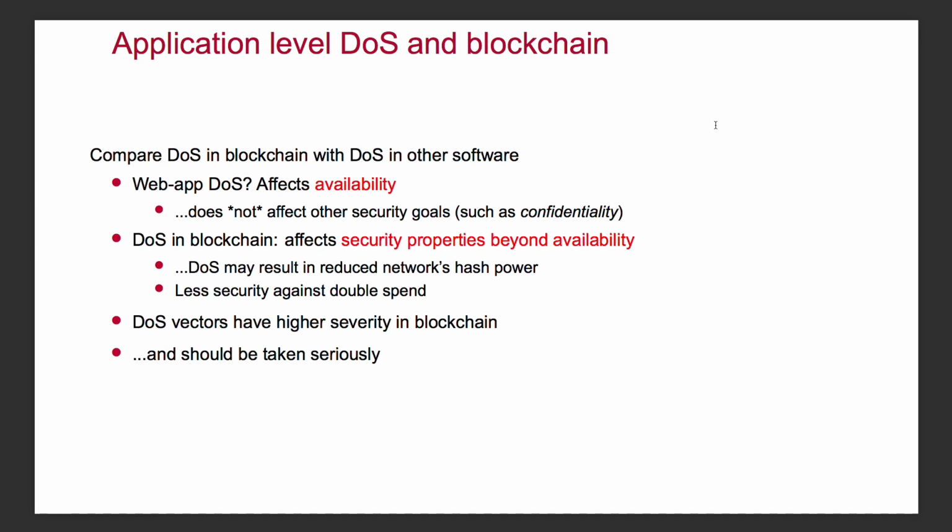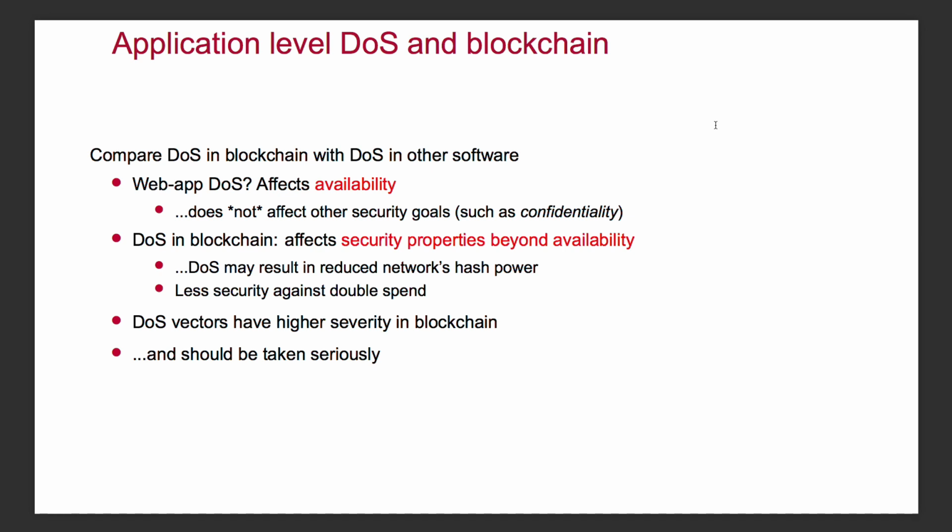However, DoS in blockchain is different. If you crash nodes, such as nodes that mine new blocks, then effectively the network's hash power is reduced, and then there is less security against the double-spend attack.